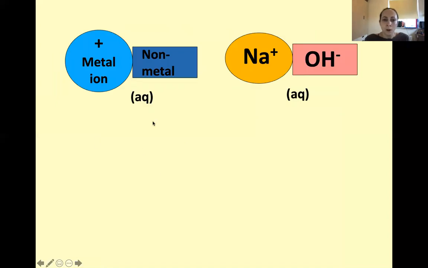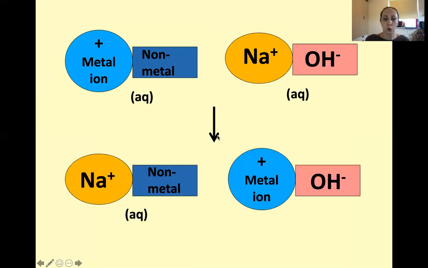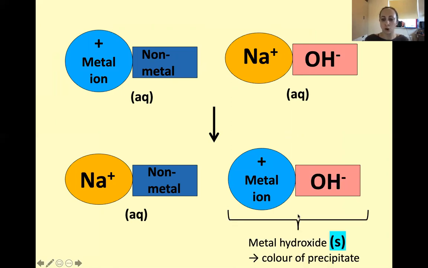Right, so the theory is that we take the thing that we don't know about and we mix it with some sodium hydroxide. When we do that, our positive ions will swap places. So our sodium ion will join onto the non-metal thing, and our metal ion that we're trying to identify will join onto the hydroxide and make a metal hydroxide.